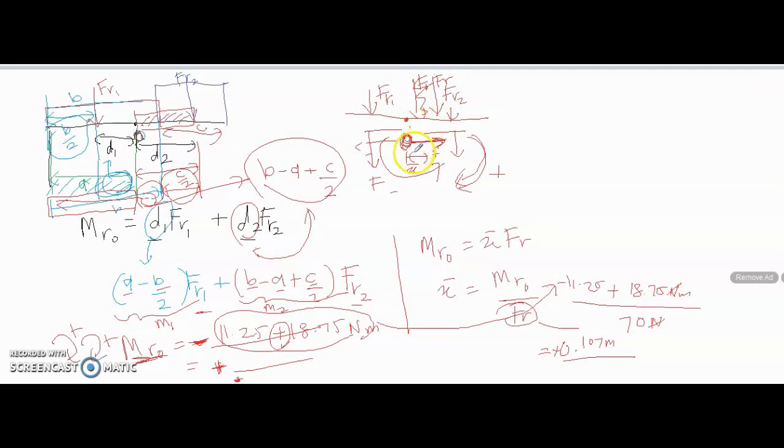The distance from point O is 0.107 meter. Or simply we can write like this: from point O, this is your FR, and this is your distance, 0.107 meter. Okay, that's it.